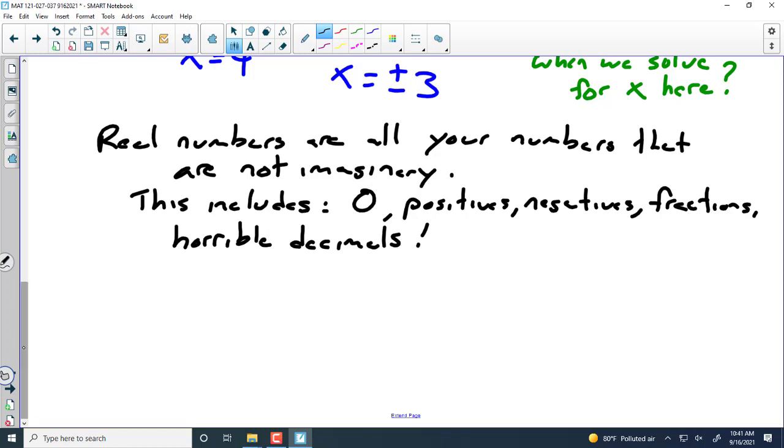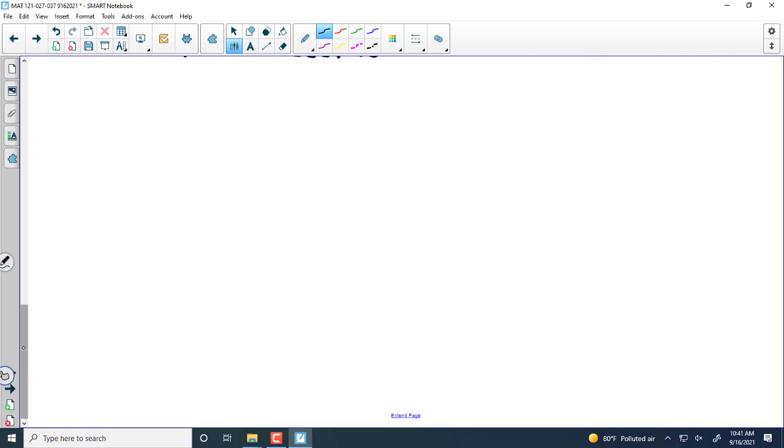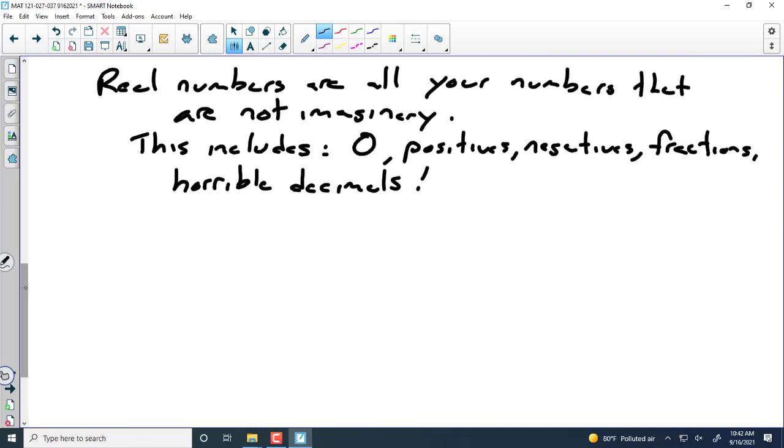So, what are some real numbers? Well, anything that doesn't involve the square root of a negative. So, 6 is a real number, negative 4 is a real number, 0 is a real number, 1/2 is, negative 3/7 is. What are some that are a little bit worse that are still real numbers?